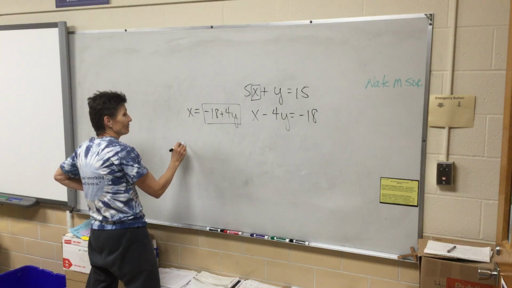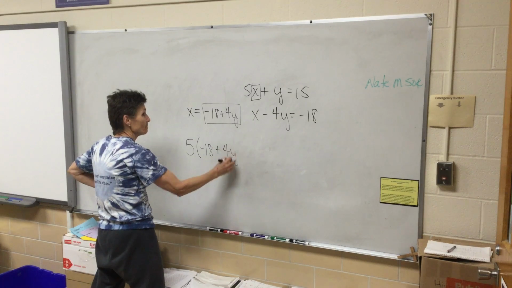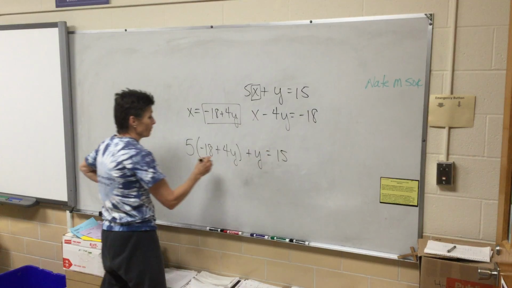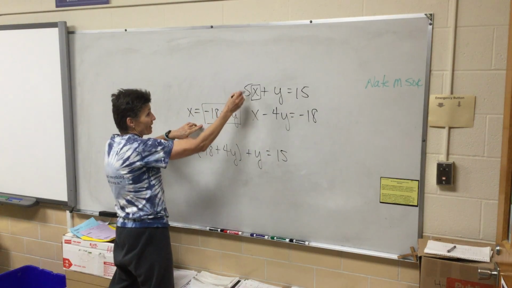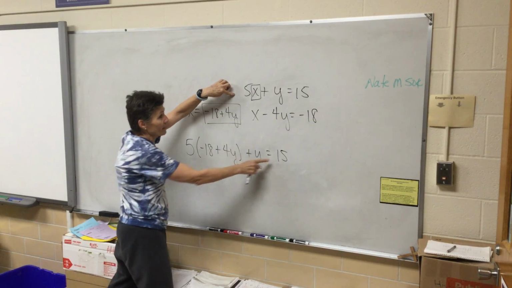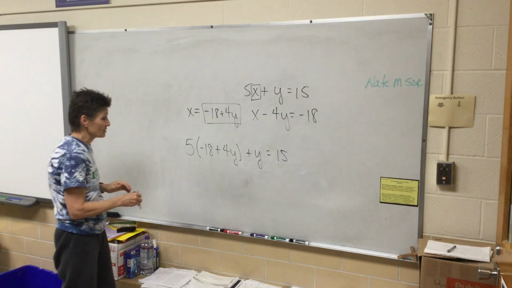Okay, so we have 5 times negative 18 plus 4y plus y equals 15. Remember, this is going in for the x, so everything else is still there: the 5, the y, and the 15. So then we'll distribute.